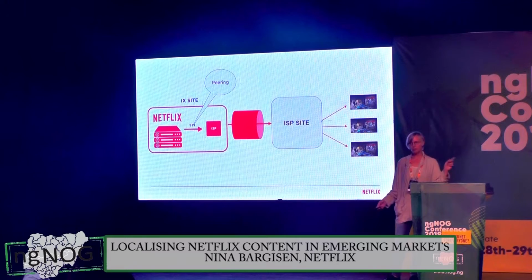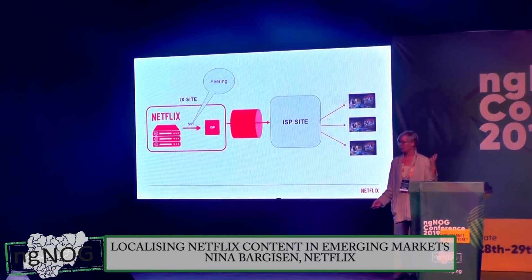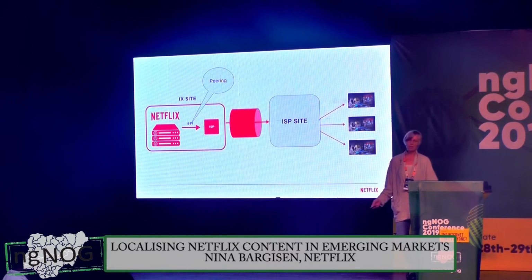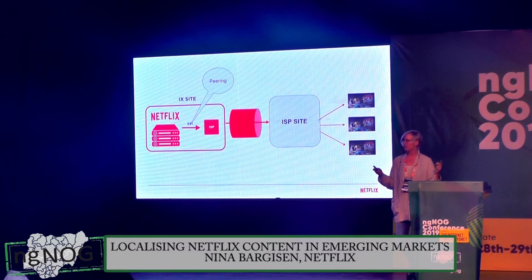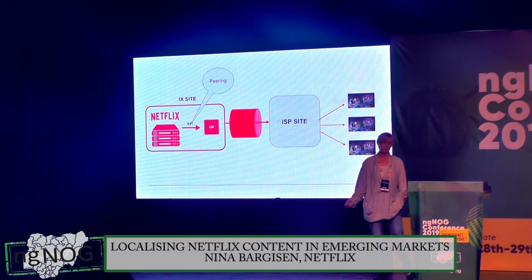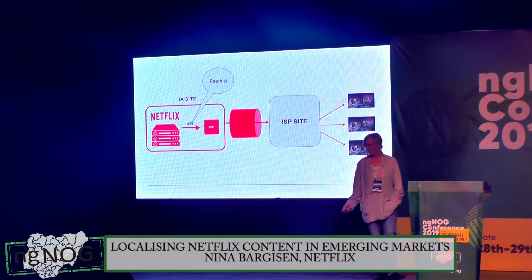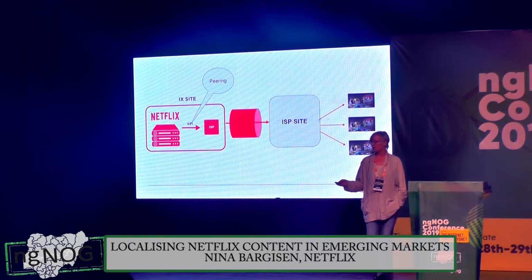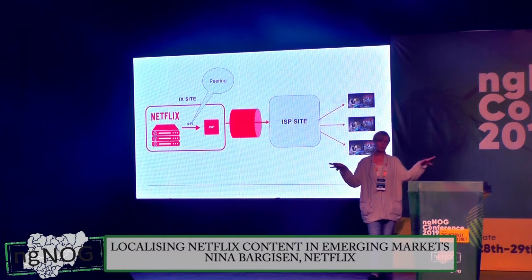The first presentation today was telling us about what peering is, and basically it's when there's a mutual interest and a mutual benefit, and that is the only way we connect to ISPs. It can happen at an internet exchange site, and then we send the traffic to the ISP, and the ISP then sends the traffic through their network and to the end users.